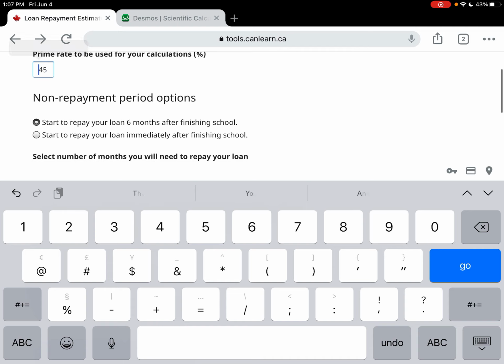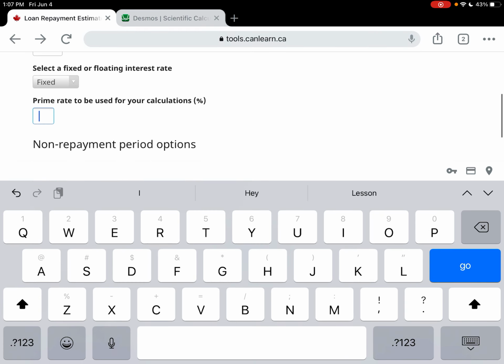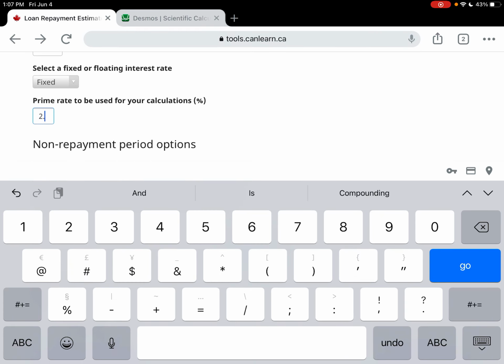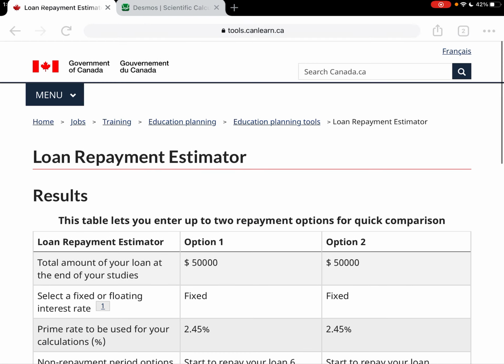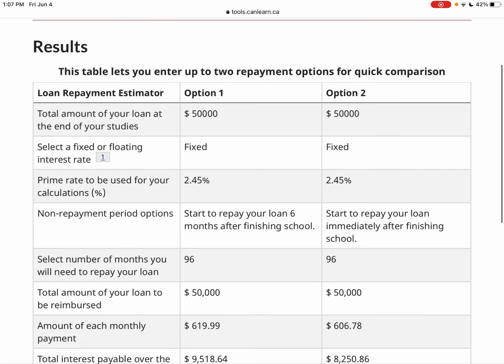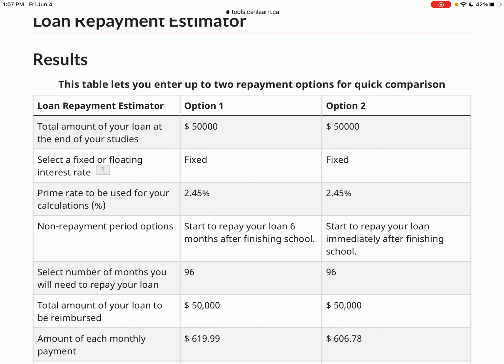When you graduate from your post-secondary education, there is, for OSAP, a 6-month grace period. And a lot of student lines of credit now also have this, right? With that 6-month grace period, they don't actually charge you interest right away. So when you're paying those payments, you're paying directly towards your principal. So you can actually reduce the principal amount.